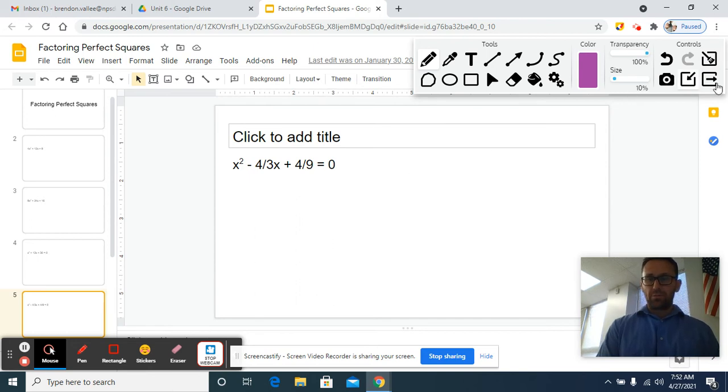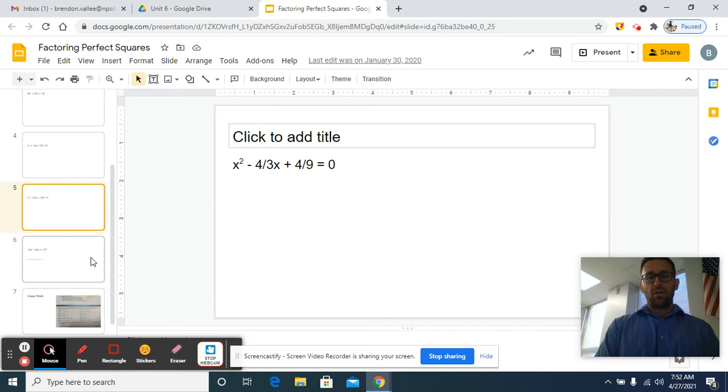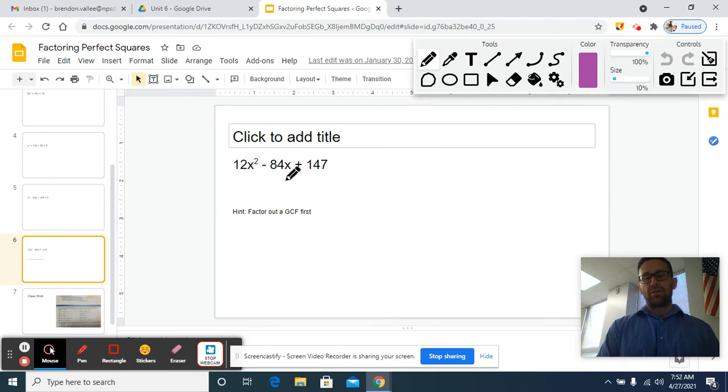And one other thing I wanted to show you quick. Don't forget, even with trinomials, you should try to factor out a GCF first. I can divide all these by 3.